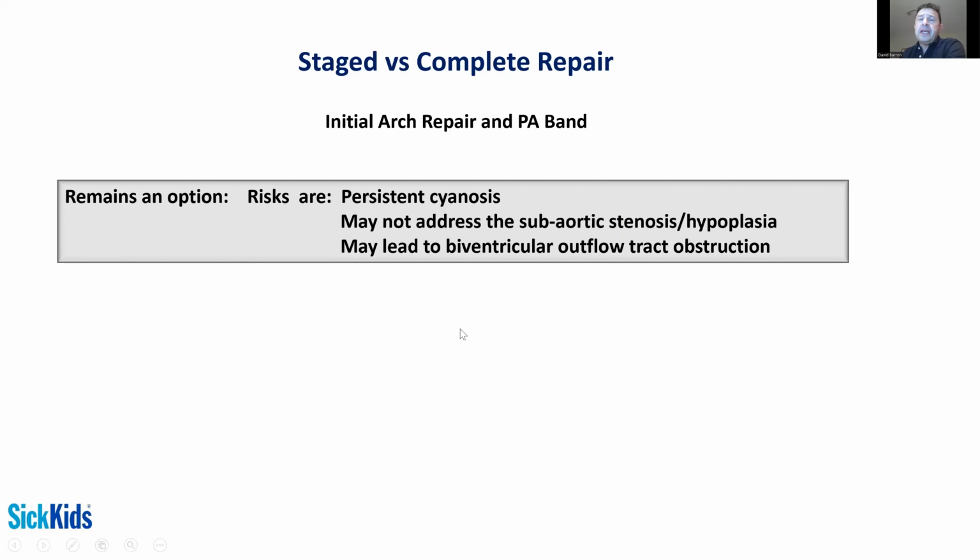That's a lot of surgery in one go. So the question is, should you break up the surgical insult and do an arch repair and a pulmonary artery band, and then come back and do your switch and VSD closure afterwards? Or should you do it all in one?